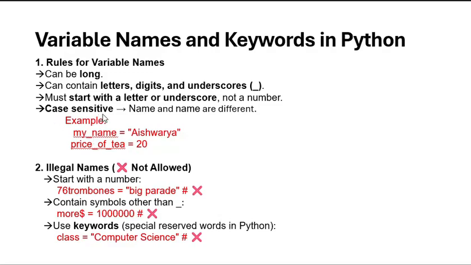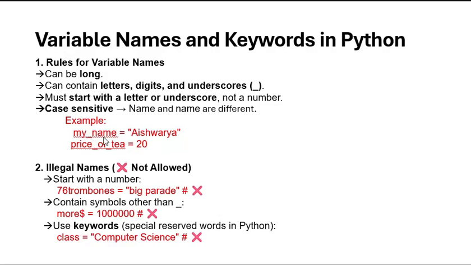It is case sensitive. Name and Name are different. Here, the pronunciation and spelling are the same, but you can see here, one is uppercase and one is lowercase. It is case sensitive. Make sure and check twice whatever you are using.